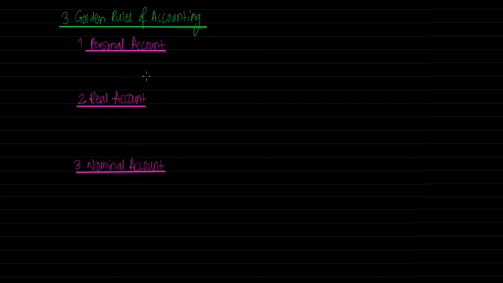The rule of personal account says debit the receiver, credit the giver. We are going to discuss in detail what debit and credit are in a further part of this tutorial, but right now we are concentrating only on the golden rules of accounting. For example, if the company has paid money to A, then A is the receiver of money, A's account will be debited, and vice versa.